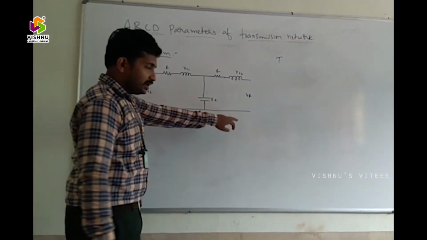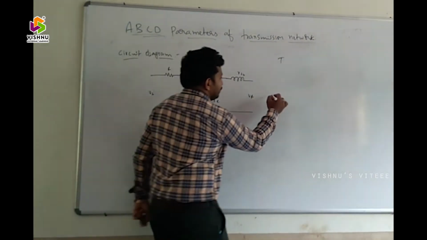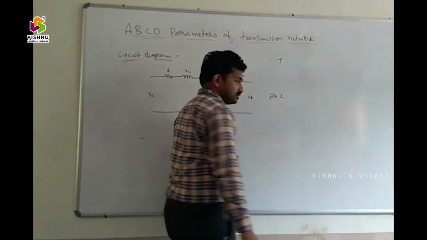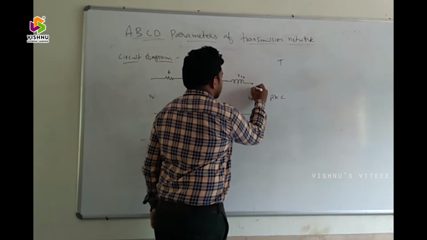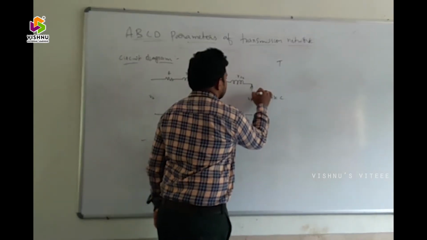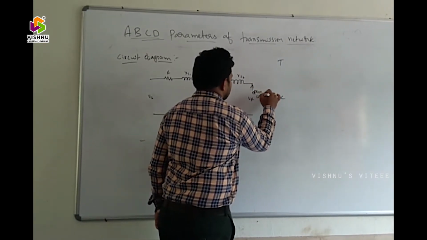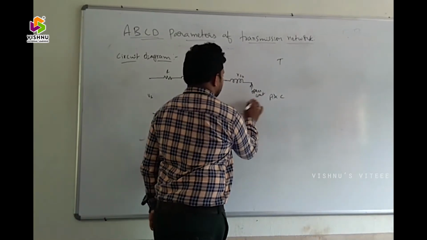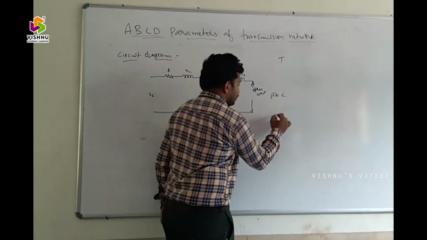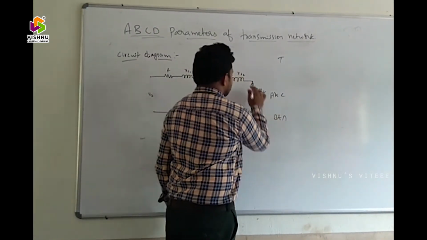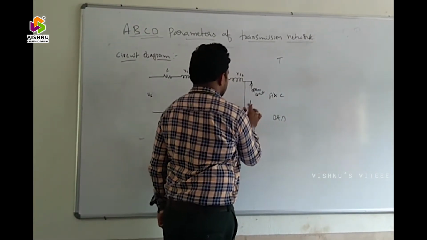So for getting A and C parameters, the receiving end should be open circuited. For getting B and D, it should be short circuited.